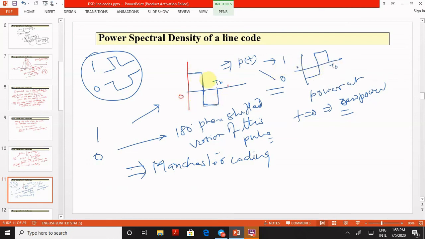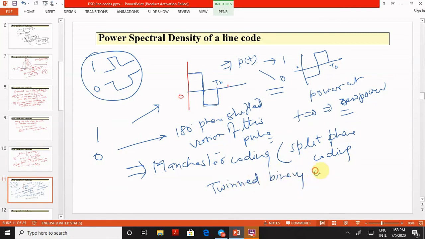So if we are representing 1 by this pulse and 0 by this pulse, the same polar signaling will be named as Manchester coding, or sometimes it can also be named as split phase coding, and it is also known as twinned binary code, right? This is very important.